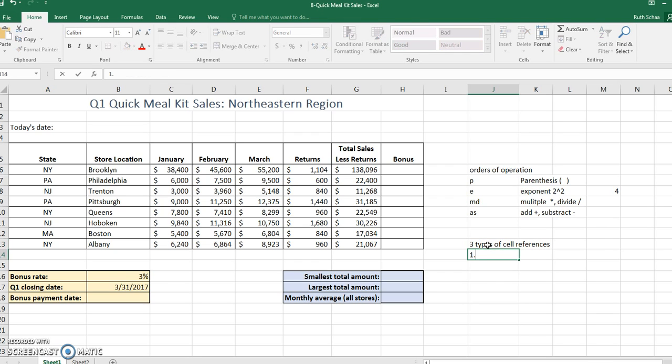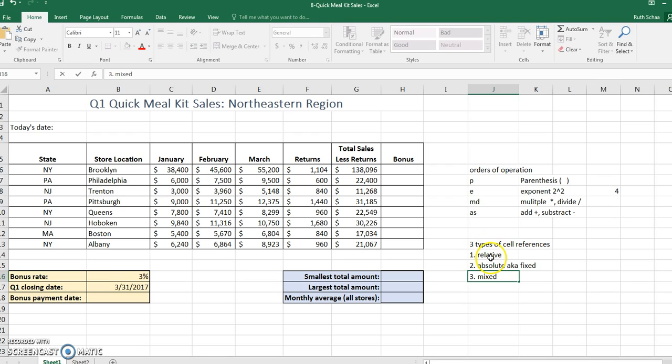You have your relative, which is what you've been using. You have your absolute, that is also known as fixed. And you have mixed.